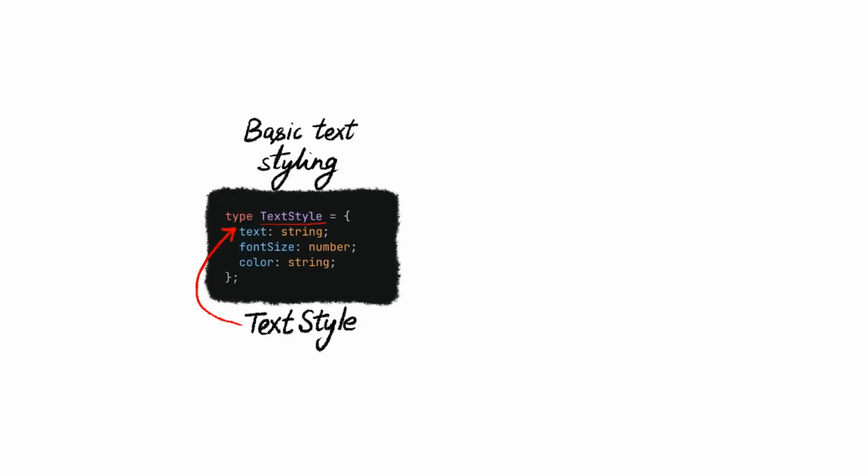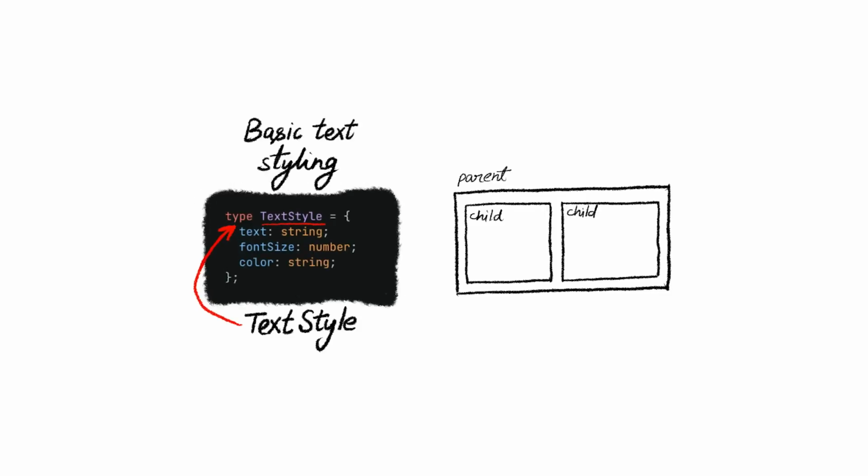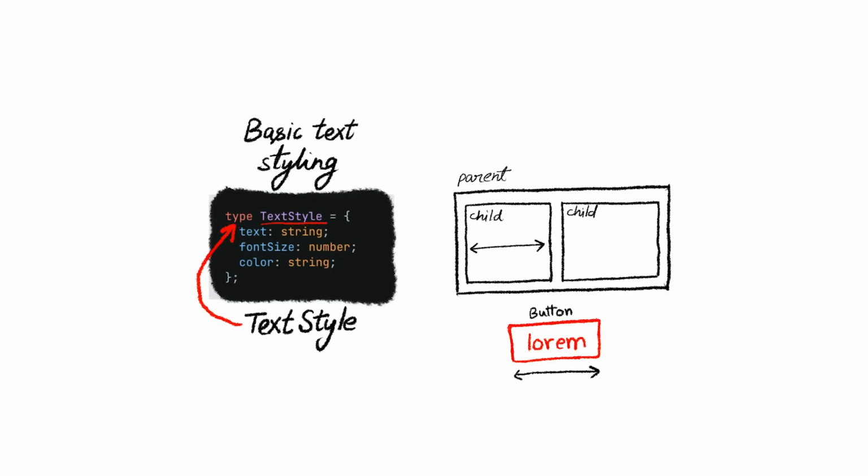Also, our engine will provide some basic text support. This brings in an additional complexity of having to support dynamic sizing of parents wrapping their children based on their widths. For example, buttons, whose width are dependent on the width of the text that they enclose.